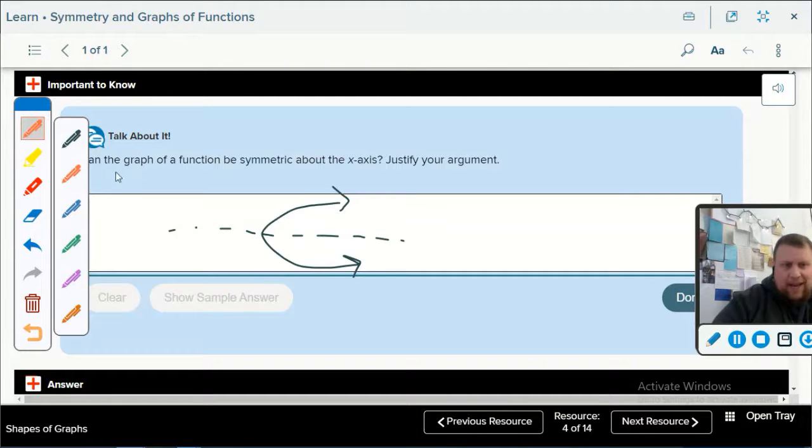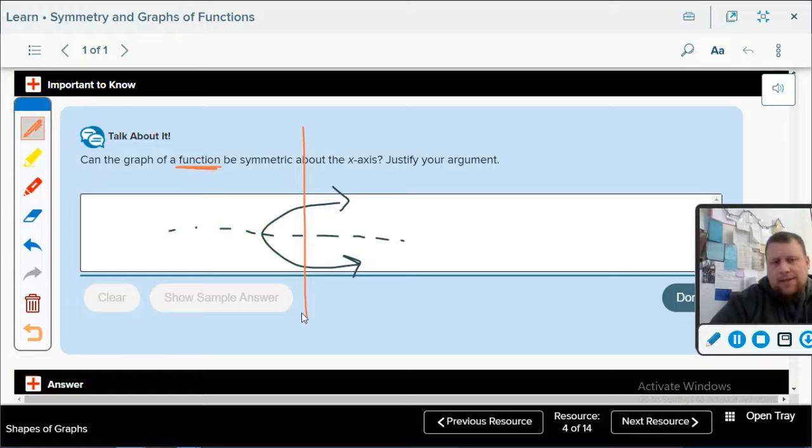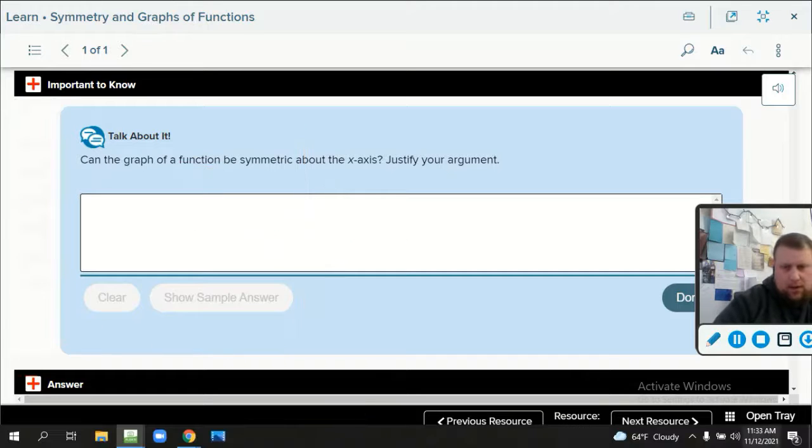It says, the graph of a function. Anything that has symmetry in the x-axis is not a function, because it is going to fail the vertical line test. So no, the graph of a function cannot have symmetry along the x-axis or any horizontal line.